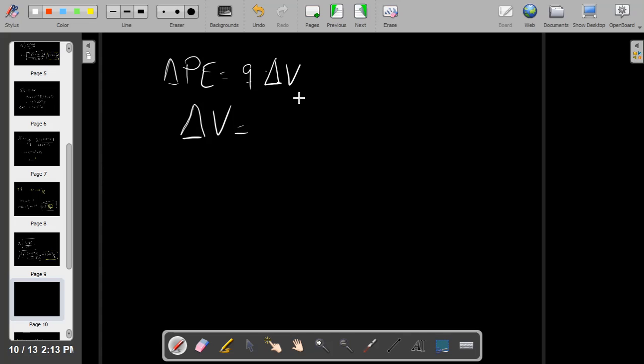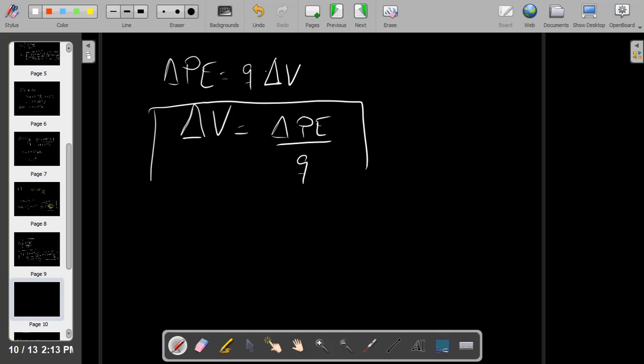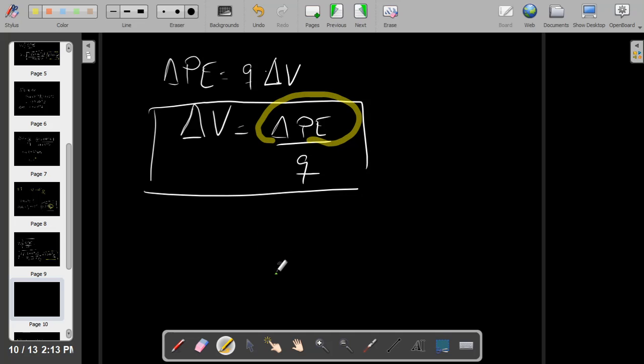I want these to go on the other side so I can have my electrical potential by itself. This is the modified formula, done using algebra. I do have the value of my charge that is moving. They give that to us for a proton, but I'm missing the change in potential energy. But I have a formula that allows me to calculate that.